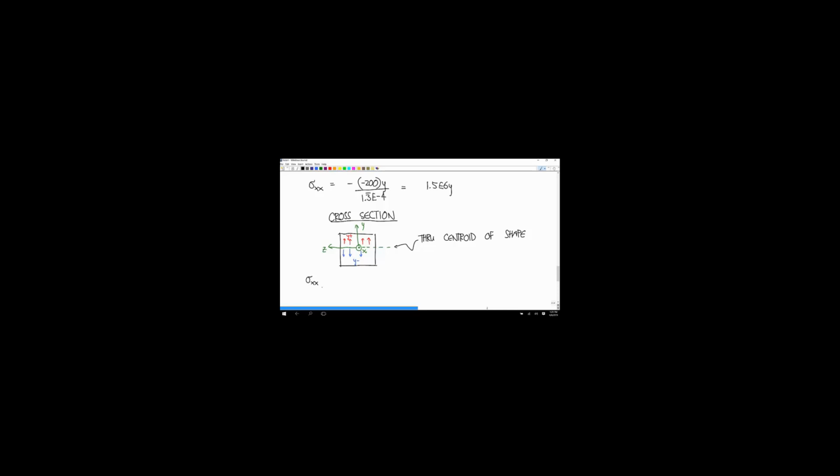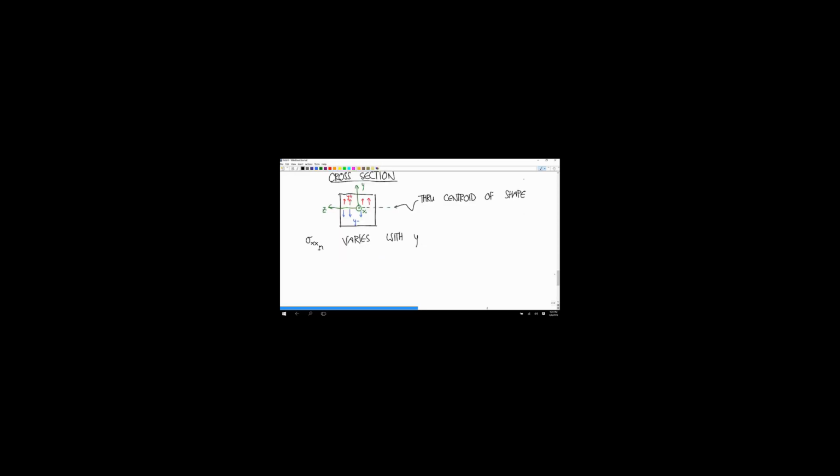Sigma xx due to bending moment, write it as m, varies with y. For this problem, where is sigma xx due to the bending moment a minimum?